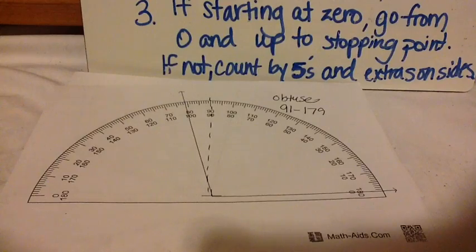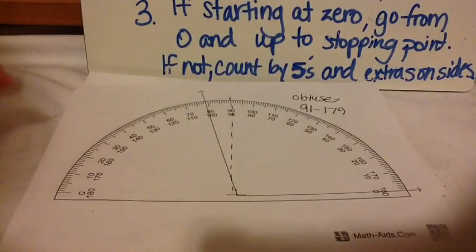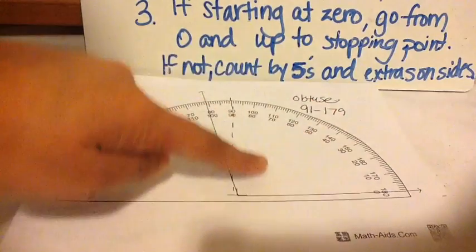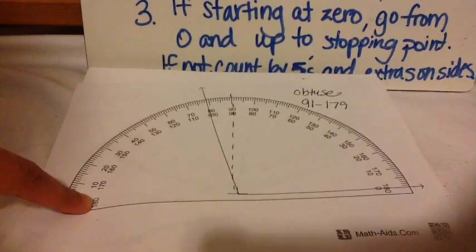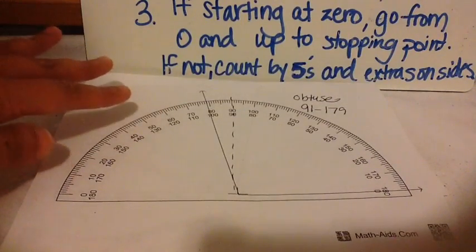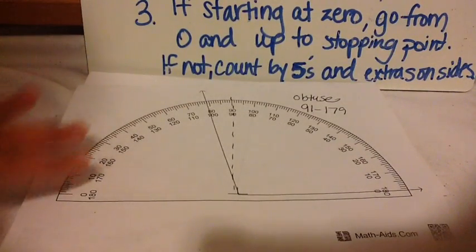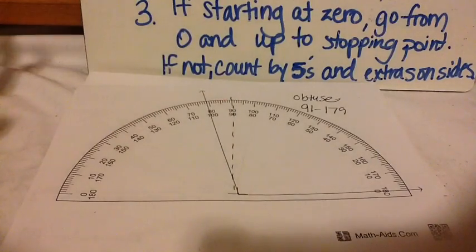Okay, so I know my answer has to be greater than 90. But let's use some more reasonability. It's not going to be 179 because if it was 179, this angle would be way over here close to 180. Okay, we know that it's not going to be very high. It's going to be a little bit more than 90.